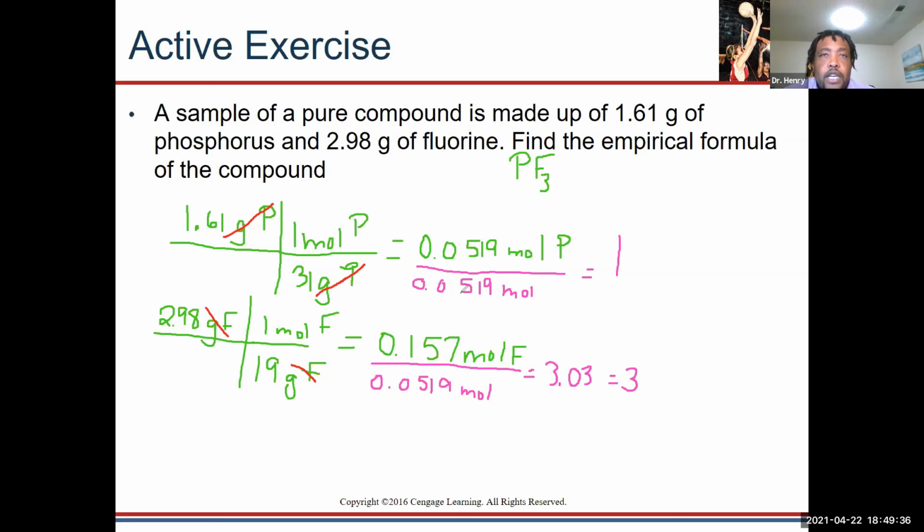No. So you always want to divide by the smallest number, because then that gives you the ratio. You know that one of them is going to be 1, and the others are going to be whole numbers, because remember, we're looking for the empirical formula. 1 and 1 is going to be like either 2 or 3 or something like that. Are you with me?